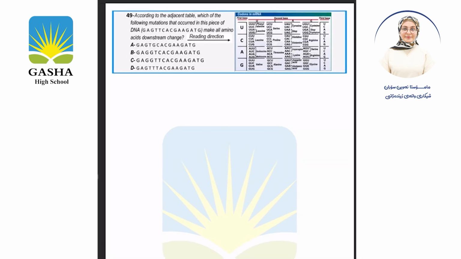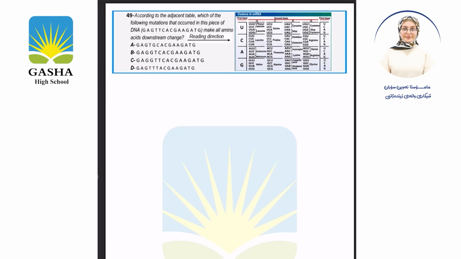Question 49. According to the adjacent table, which of the following mutations that occur in this piece of DNA makes all amino acids downstream change? Before reading the multiple choice, let me give you some information. When we add or delete one nucleotide, one base pair, it will change all the code after that, okay?